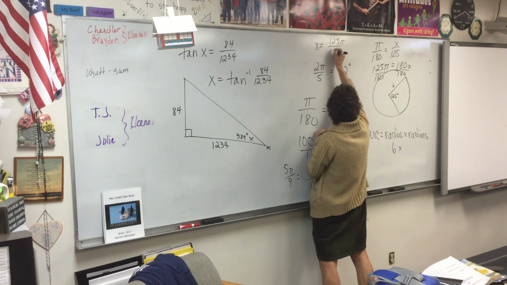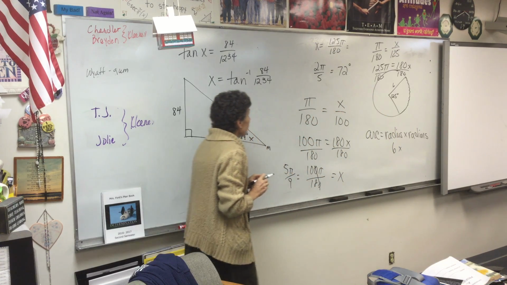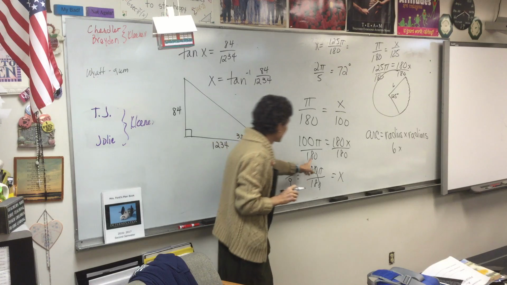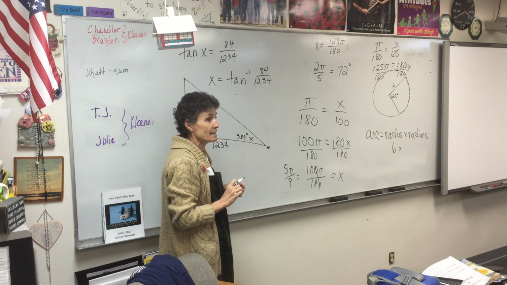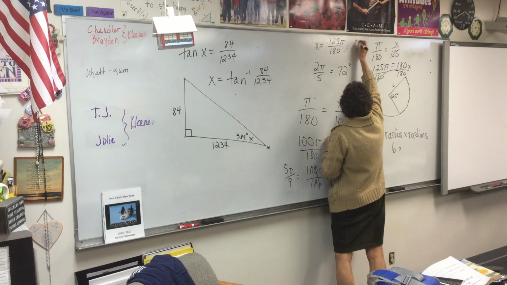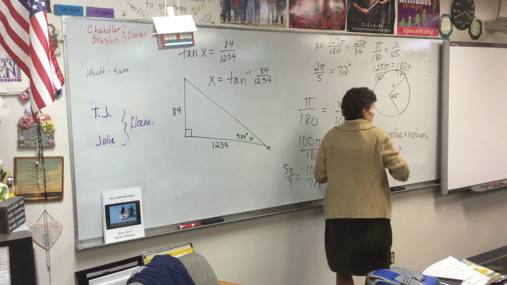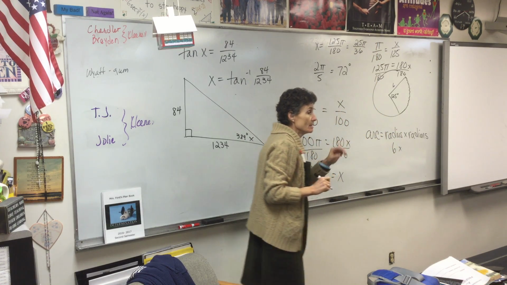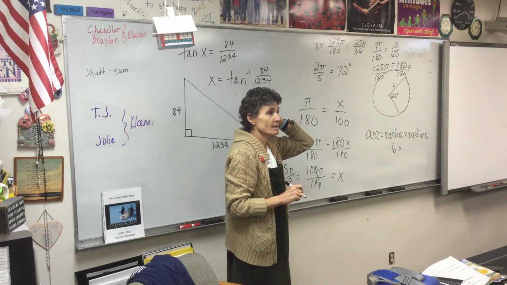125 pi over 180. Now I'm going to reduce that. What can I take? I don't have zeros to cancel this time. What can I take into 125 and 180 both? 5. So 5 goes in there. 25 over 36. Now this is one of those things kids miss a lot of times.